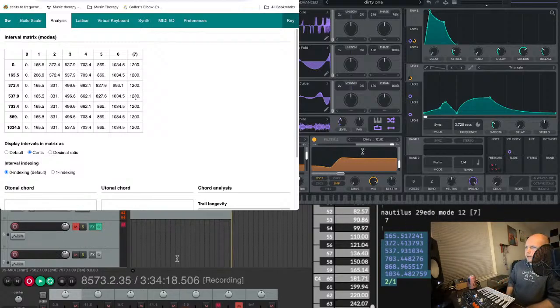So regardless of what our interval is, if we cross over that part, or its octave equivalent, so if we cross over here to here, or here to here, or here to here, we will have a big interval. But everything in between is small. So everything else is the smaller step, which is not that much smaller. It's 165.5 versus 206.